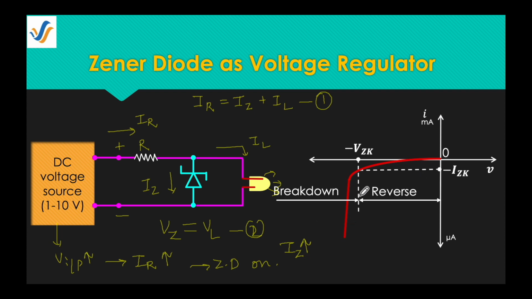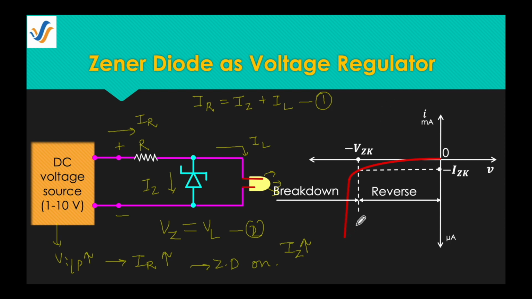The rapid increase in the Zener current will not affect the voltage drop across it. In this way, the Zener diode protects the LED by maintaining a constant output voltage across it, while drawing the maximum current through it.